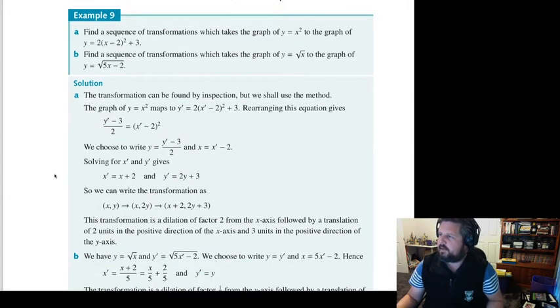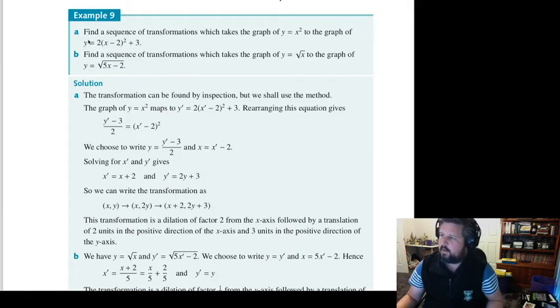It says here, find a sequence of transformations which takes the graph of y equals x squared to the graph that's listed there. So essentially what you need to do is show the corresponding things that relate to each other on each side. So again, what I would do is rearrange this new function with the notation with the dashes there.